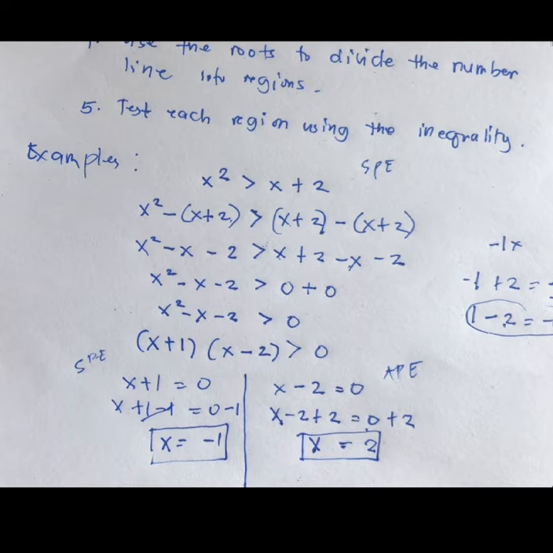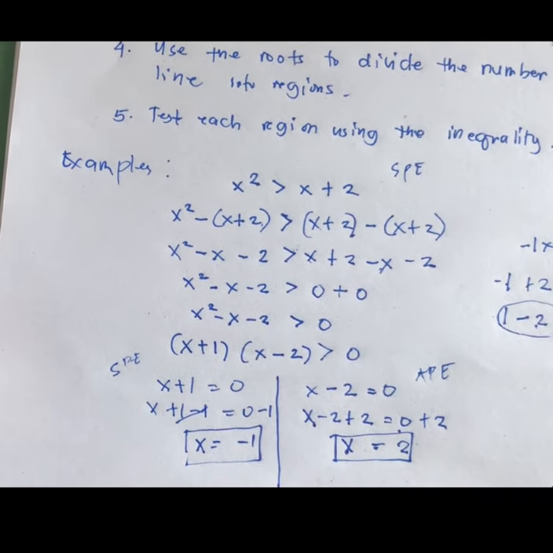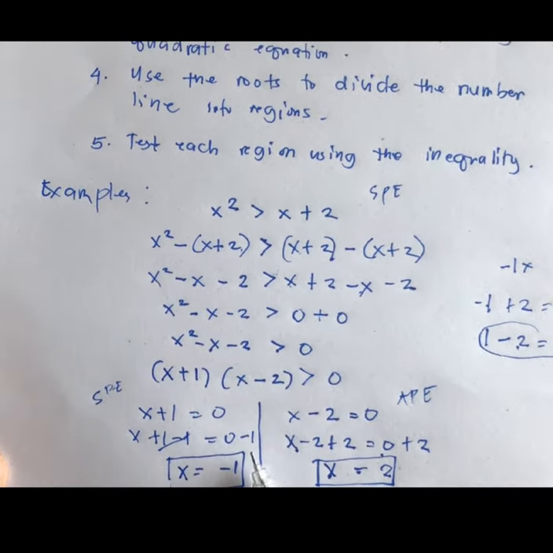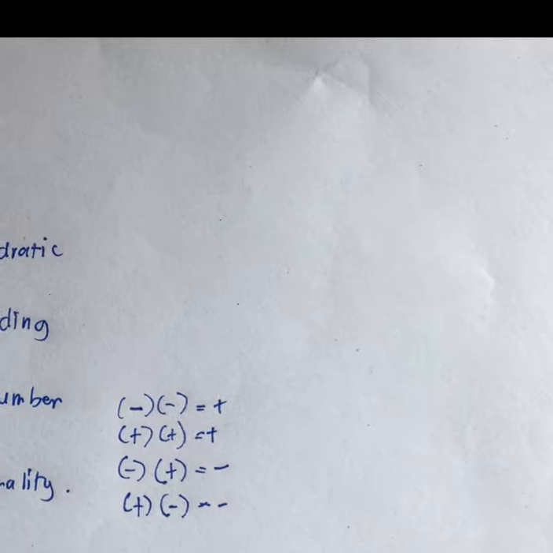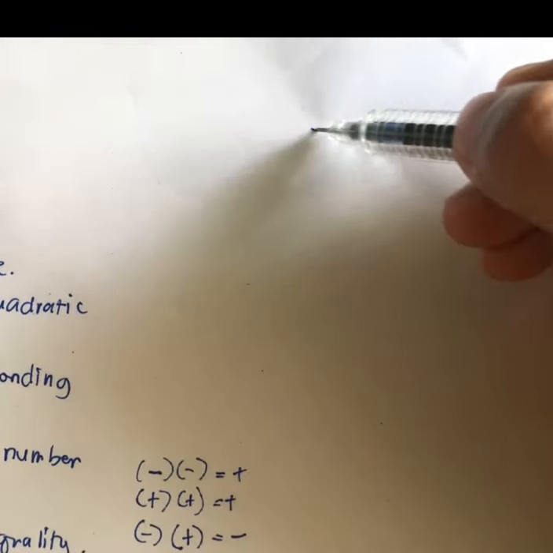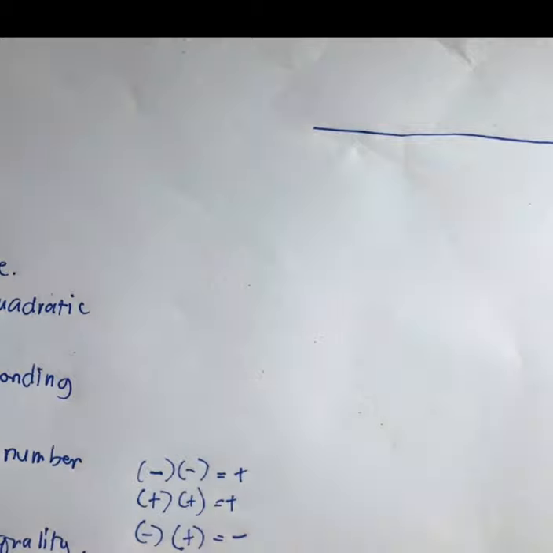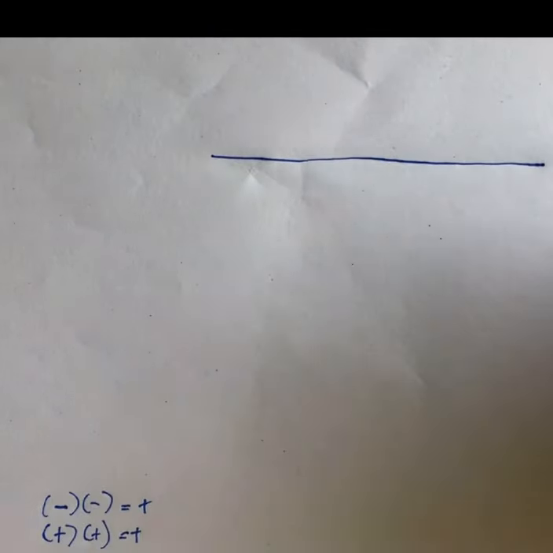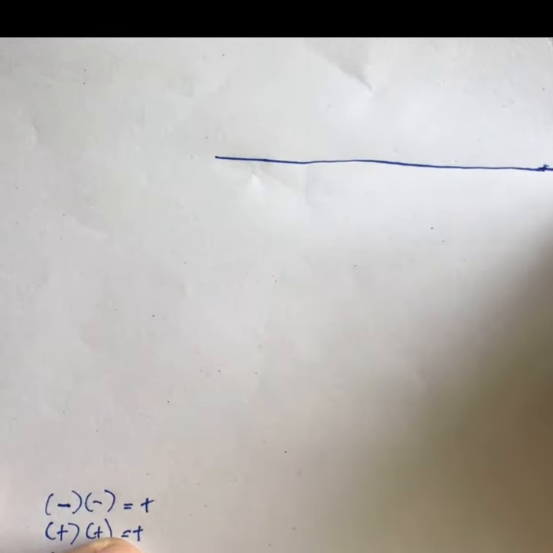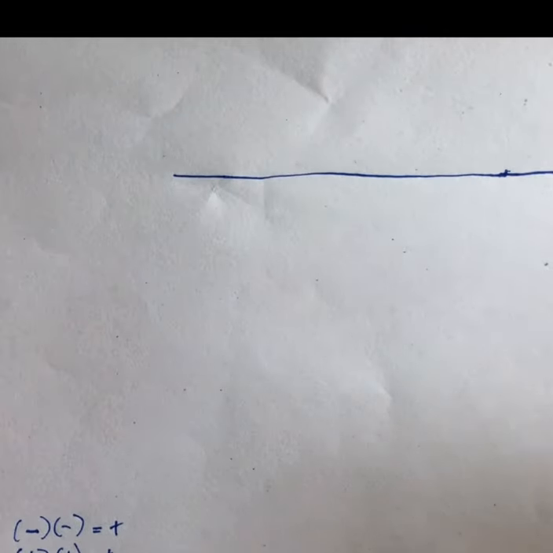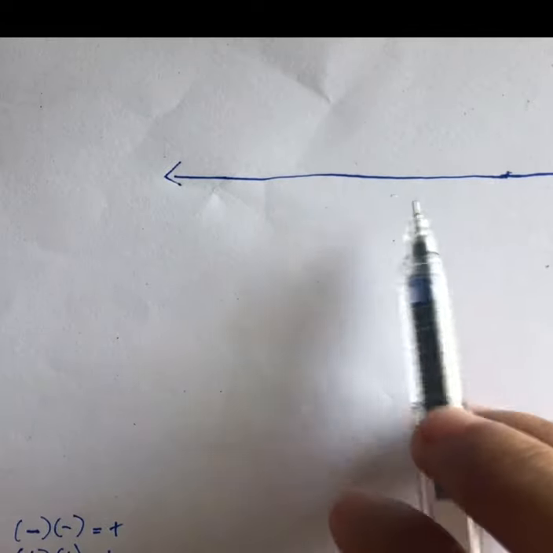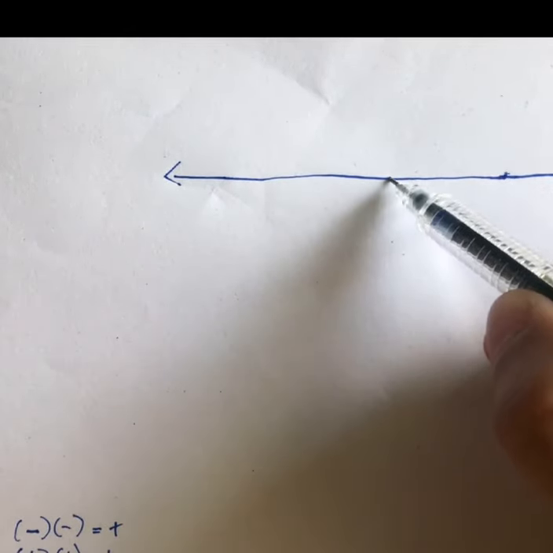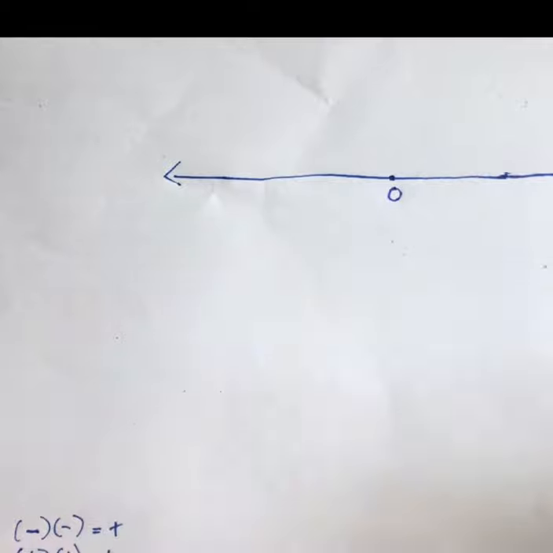The next step is to use the roots to divide the numbers. We are going to use the roots to divide the numbers. So, let us create a number line here. Okay. That is a line extending to both sides, and we have the center of origin, or the point of origin, that is 0.